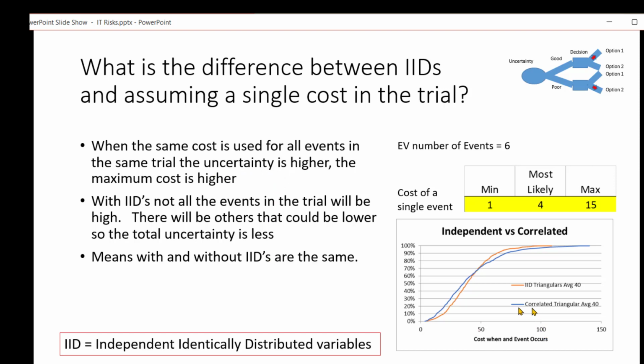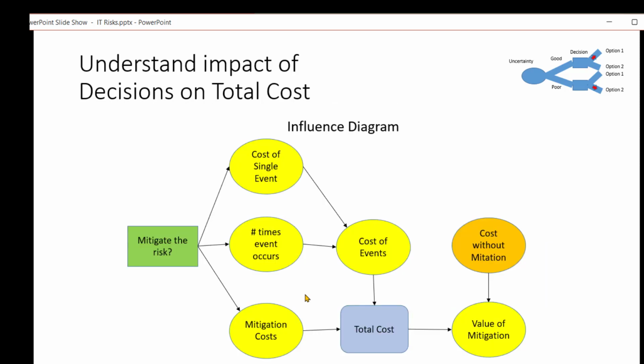So if they're correlated, you get this blue line. But when they're IIDs, you get the orange line here, and you can see that the risk is a lot less. That's the central limit theorem coming in. But also notice that the means are the same. So we want to use IIDs for this particular evaluation.